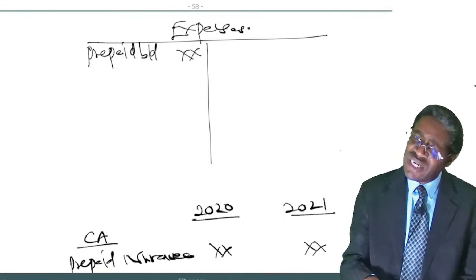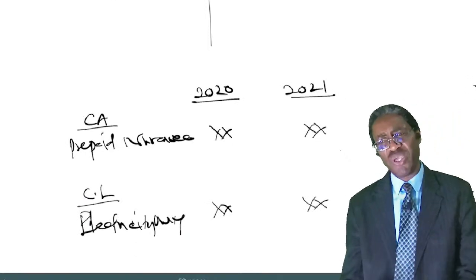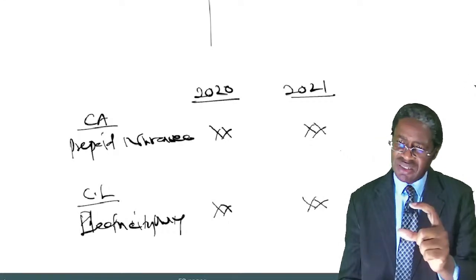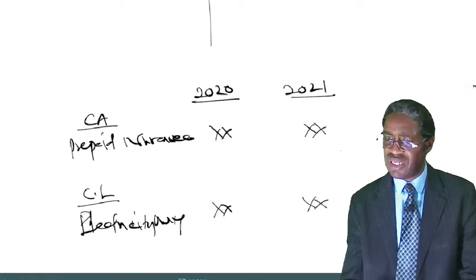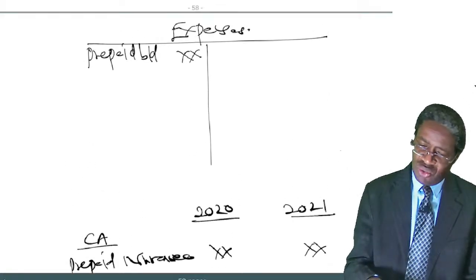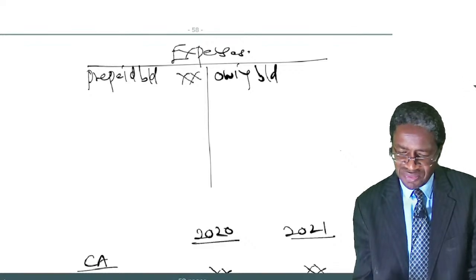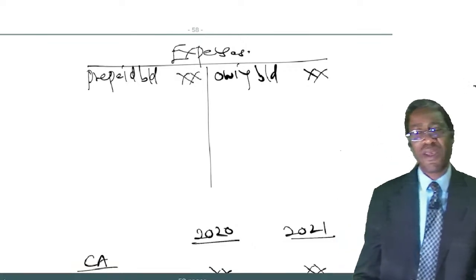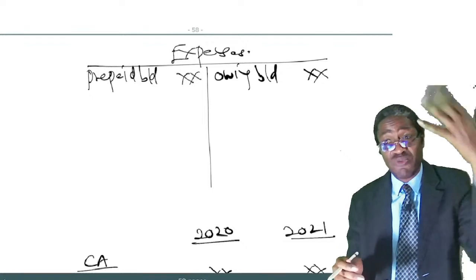Among your current liabilities there, there was electricity owing. Electricity owing is a liability. A liability is always a credit balance. So you will come and say here, owing brought down, whatever it is.